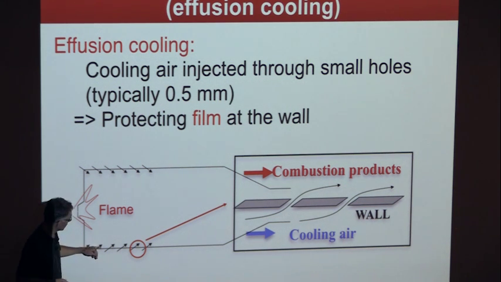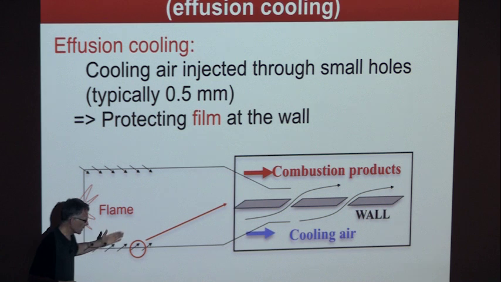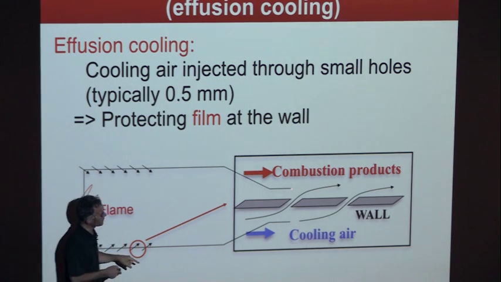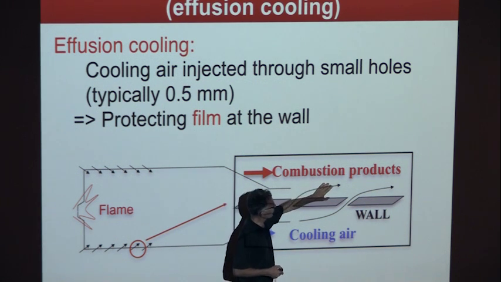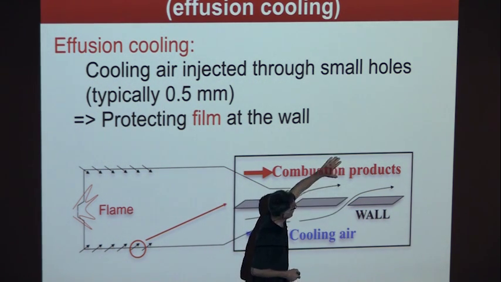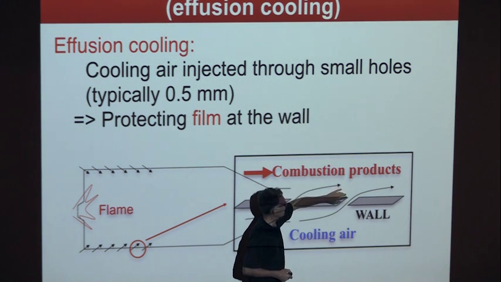If you're an engineer, you need to cool these walls. You can say, okay, a good solution is to have small holes here and to have some cold air, 700 K, come here and protect this wall. So you create a film, we call that effusion cooling. We create a film of cool air between the combustion products here and the walls.